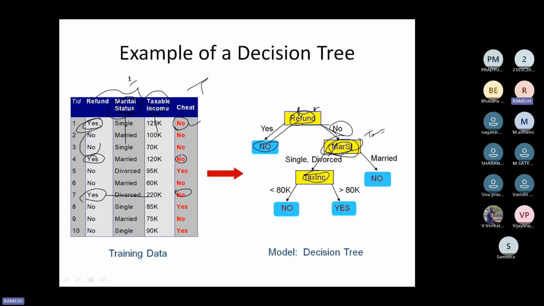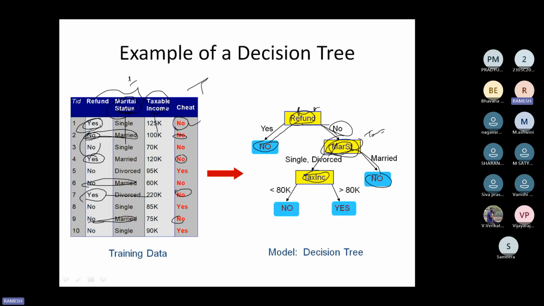Understood? There is a logical reason here. When refund is no and he is married, the output is directly no. We can see the output is no for all the married combinations, so directly we are giving the answer.